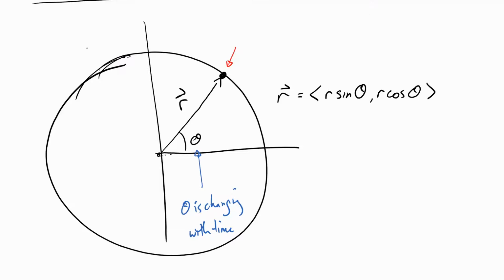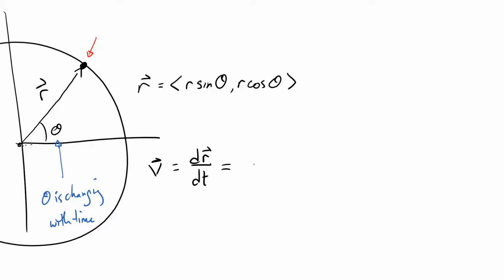Well, let's take a look at one thing that happens when we deal with vectors. I want to know what the velocity is. Well, the velocity is the rate of change of my position. So to do this, I'm going to differentiate this whole thing over here: r cos theta, r sine theta.